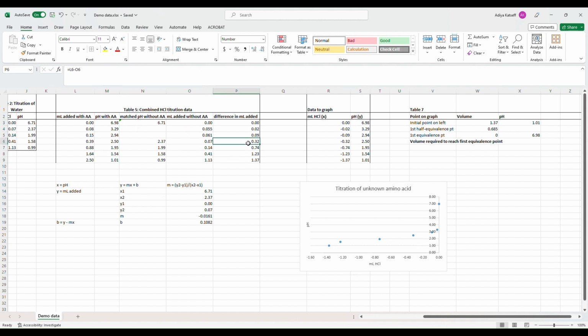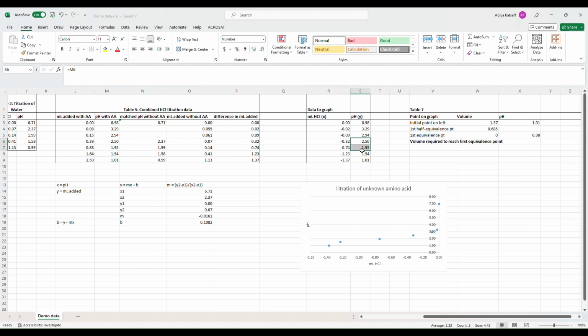We're looking for 0.685. So if we look at our differences in mils added, which are what we plotted on this graph, we're looking for 0.685. So that's somewhere in between these two. It's not too close to either one.